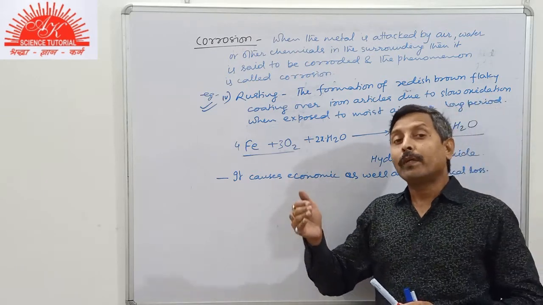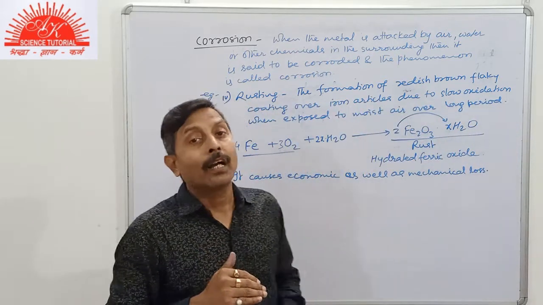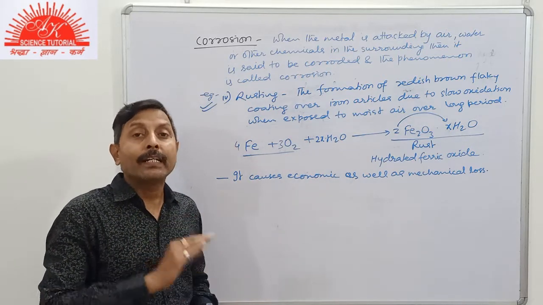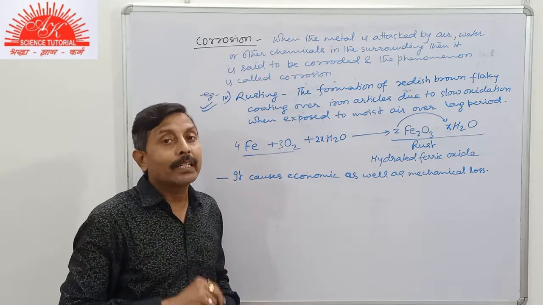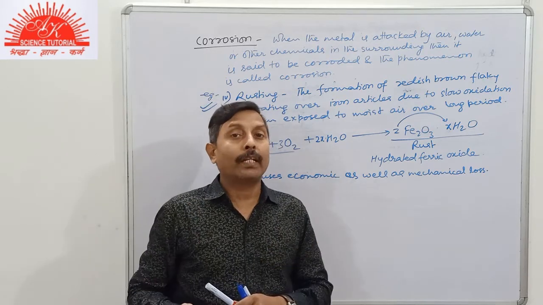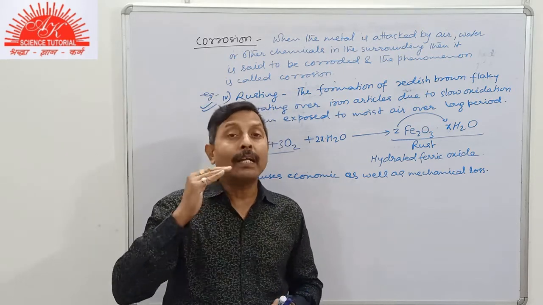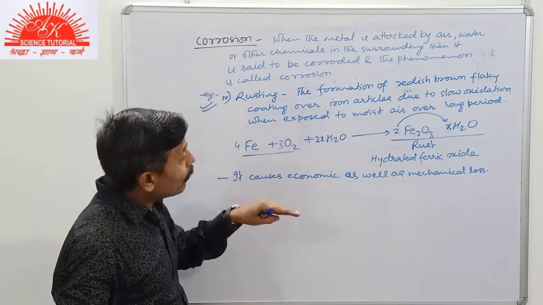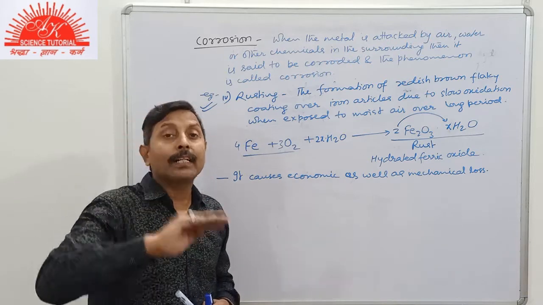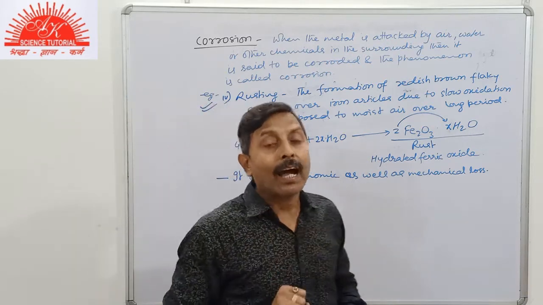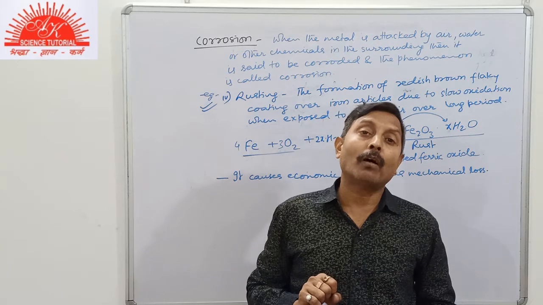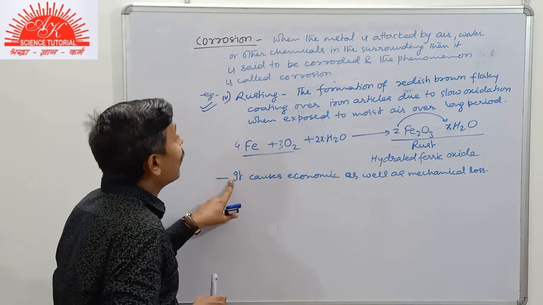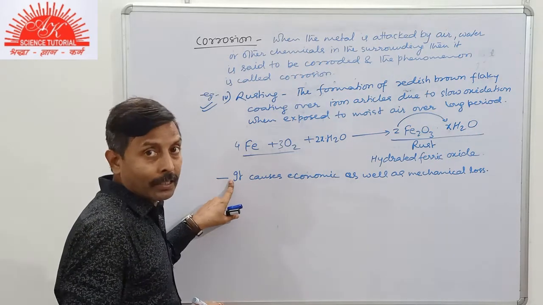Or if we want to prevent rusting, we require some additional support like painting, greasing, oiling, plastic coating, enamel coating, which will prevent oxidation. We can also put an aluminium or zinc layer over iron articles to prevent them from rusting. So this is the disadvantage of corrosion of metal.